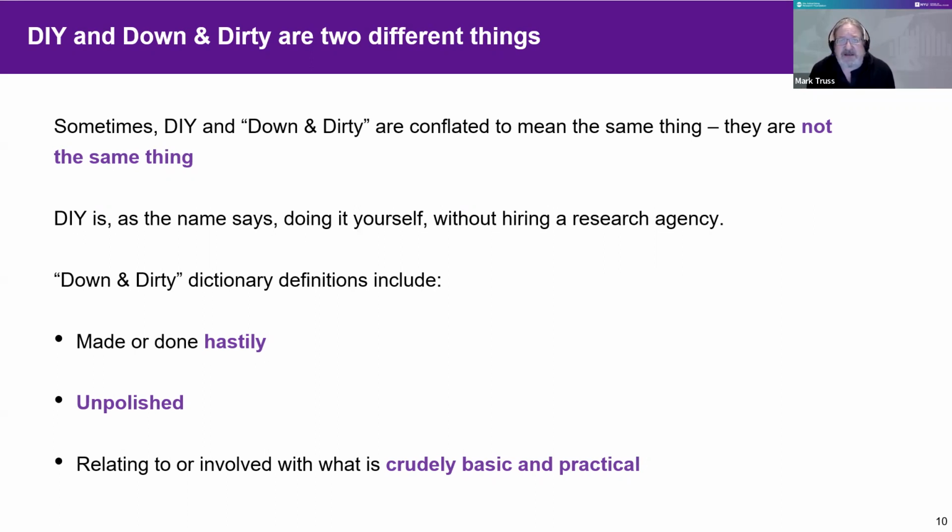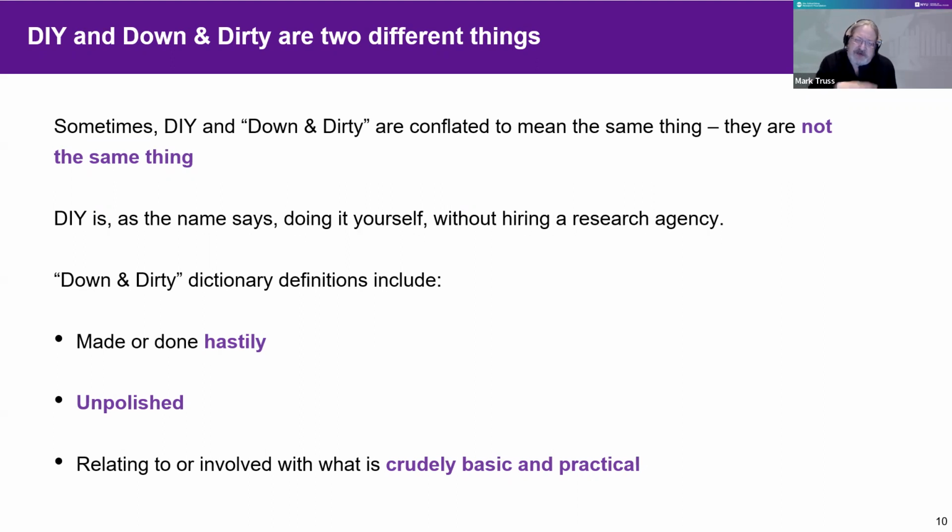So if a client has a research department, and I know of many that do this, the researcher at the client does not hire a research agency, they do it themselves. But they are very accomplished researchers, and they know the fundamentals of good research, good sampling, good survey design, good analysis. They're just doing it themselves as opposed to subcontracting it.